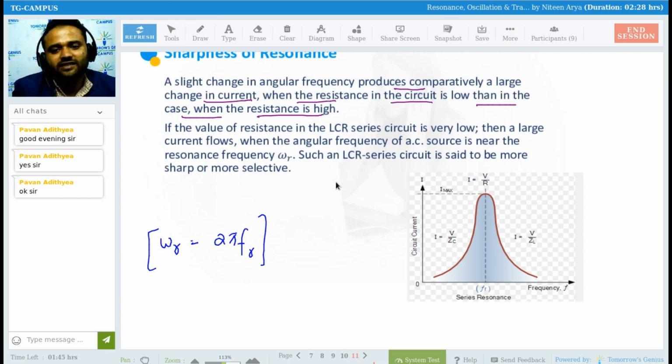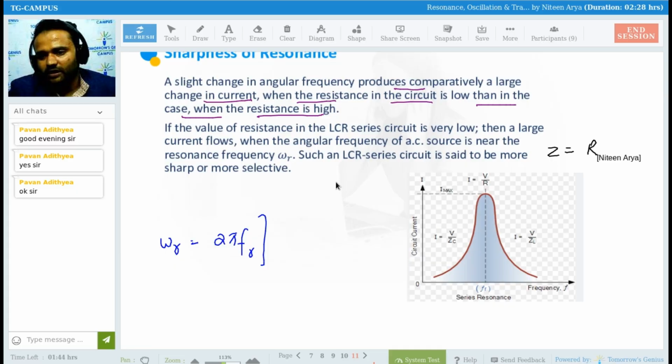If the value of the resistance in the LCR series circuit is very low, then a large current flows. At that particular condition the impedance is going to be very low, because Z equals root of R square plus XL minus XC the whole square.